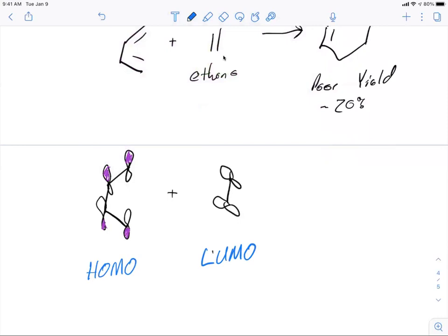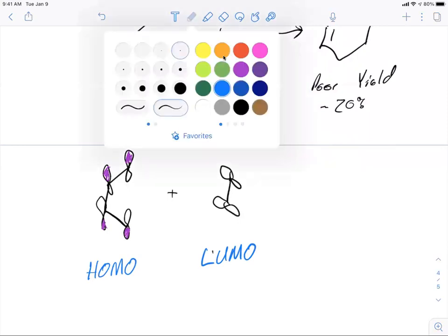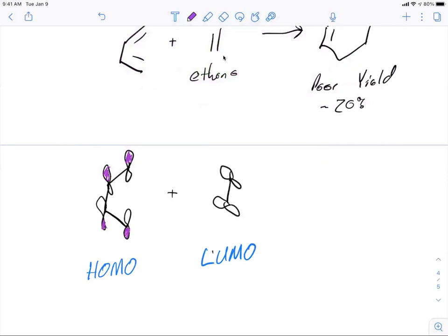LUMO is the lowest unoccupied molecular orbital, and for the diene, the lowest occupied molecular orbital is this one. So we have one node, two pi bonds, one node, that's going to be the anti-bonding orbital. This needs to react with here.